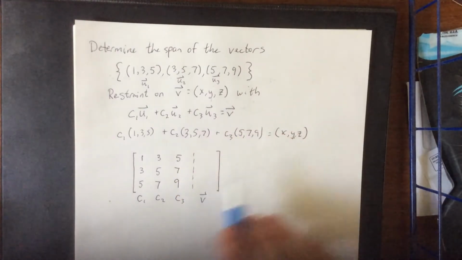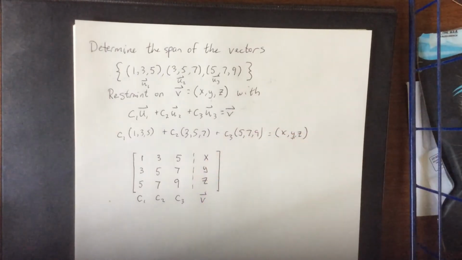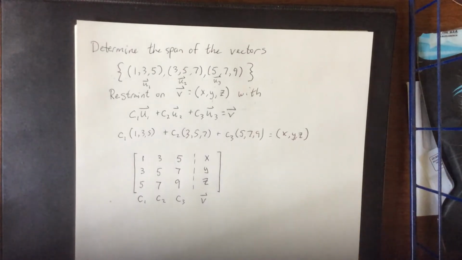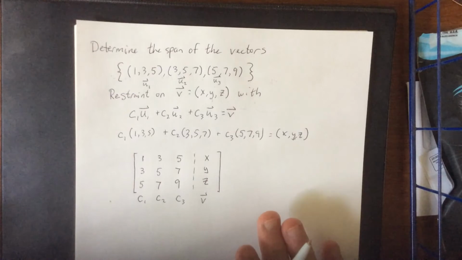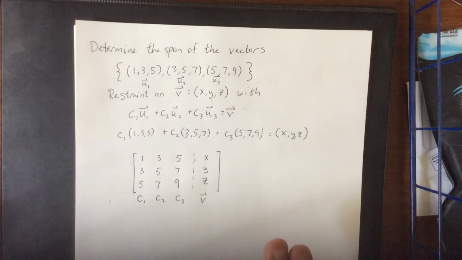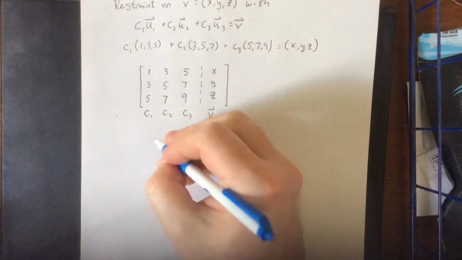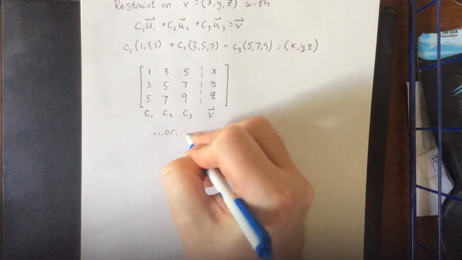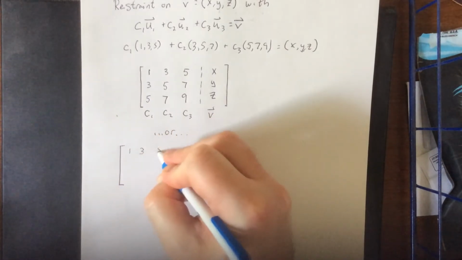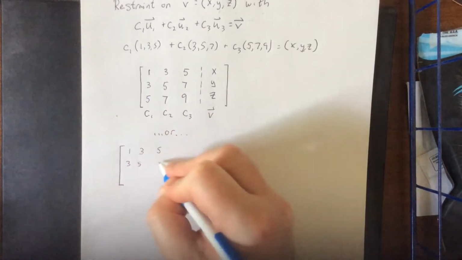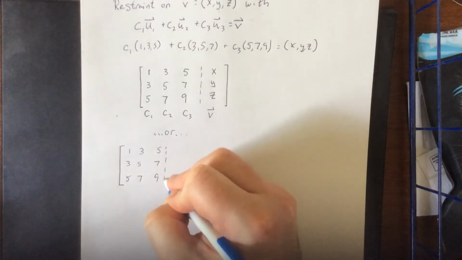Now, as far as the vector v is concerned, what we could do is augment with simply an xyz and take it to reduced row echelon form by hand. This is certainly a possibility, and I want to make sure everybody understands we can do this by hand if we want to. Or we could set it up in such a way where the calculator will be able to help us out a little bit better. Unfortunately, we can't put variables like x, y, and z into the calculator.